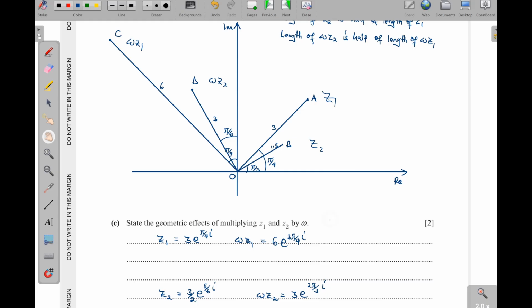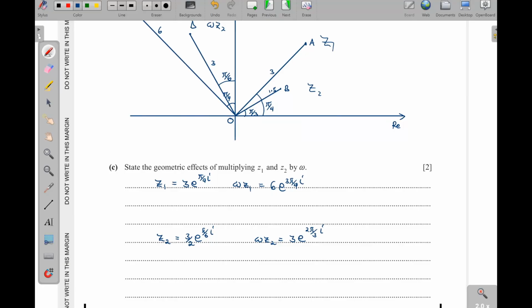So I will say we have enlargement by scale factor 2. Maybe the center is the origin, if I can add that on, center (0, 0). You remember this kind of description in IGCSE? Enlargement by scale factor, then center (0, 0), whichever center that you get.